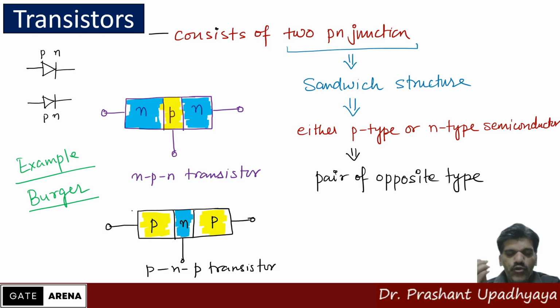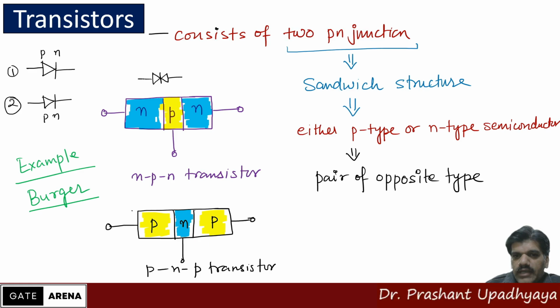So what we are trying to say is that let us assume that we have got two PN junction diodes. This is my first PN junction diode and this is my second PN junction diode. Now what we are doing is combining these PN junction diodes together. I'm drawing it like this.